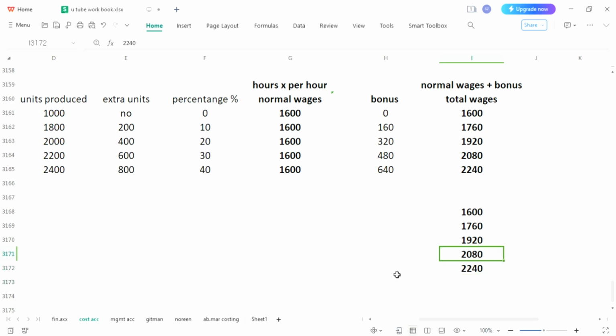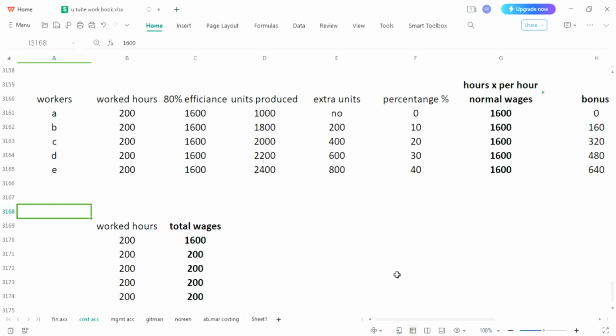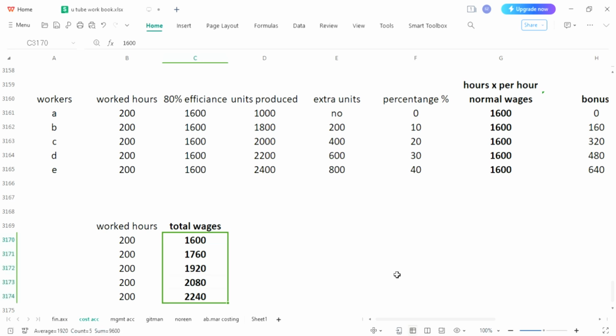Okay, we will now pick these headings, these total wages, and write them on the other side. Okay, we have got it. The formula was written over there, that is why it was not being copied.